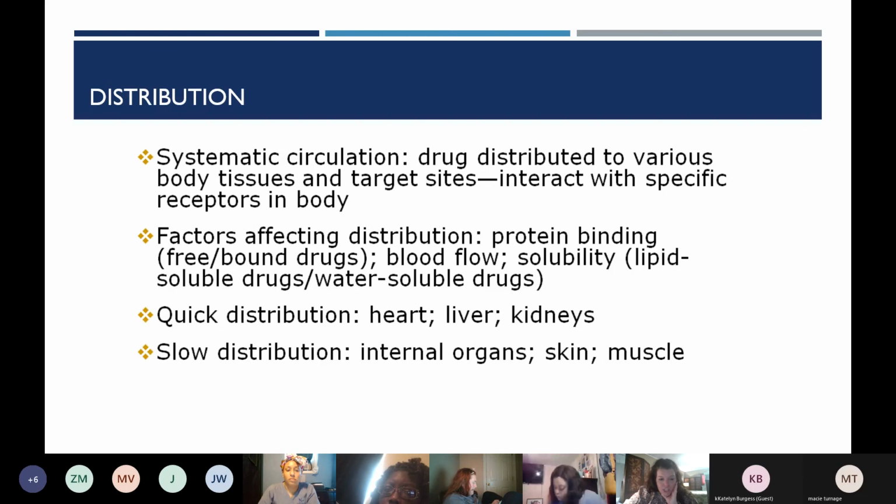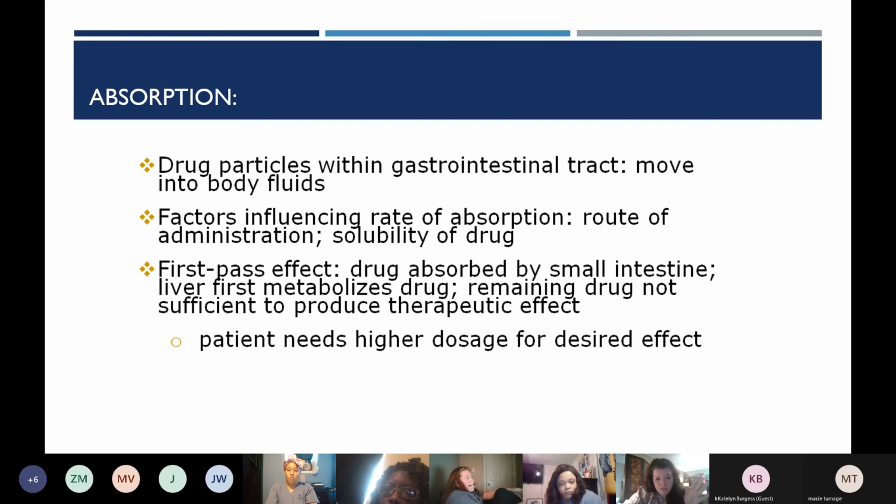All right, distribution. So let me go back. Okay, so we know absorption. We get that the type of drug, the form of the drug has a lot to do with it. As far as distribution, think back to A&P. What body system do you guys think is most responsible for distributing drugs?